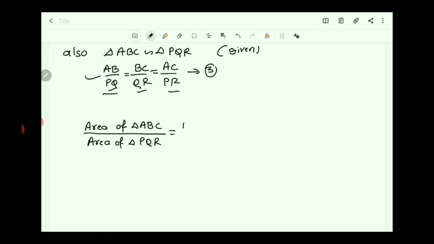And you write AM by PN here. Here in the place of BC by QR you wrote AB by PQ, that is from first and third.